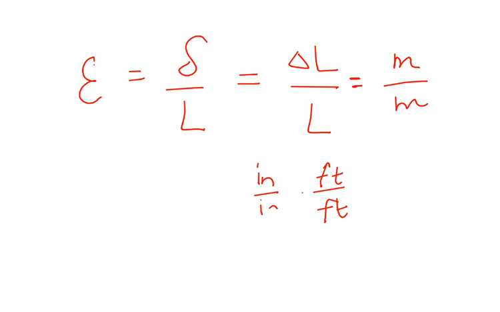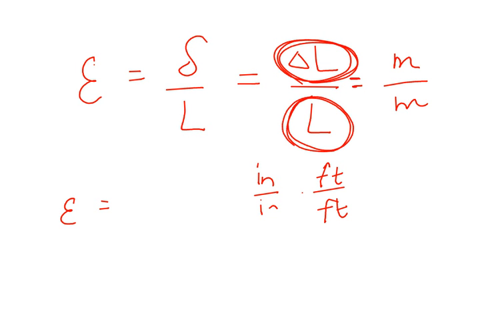So what some people do is they actually express strain as a percentage. Strain really is a fraction if you think about it. It's how much deformation you have divided by the actual length. If I have something that deforms 1 millimeter, which is 0.001 meter, and its original length was 1 meter, then my strain is 0.001 as a proportion or as a fraction.